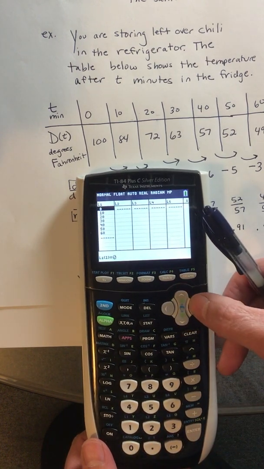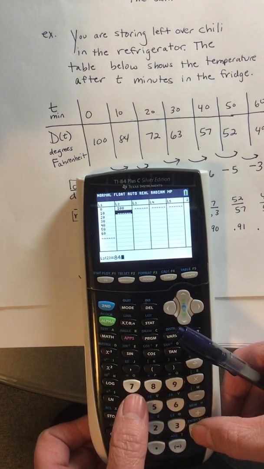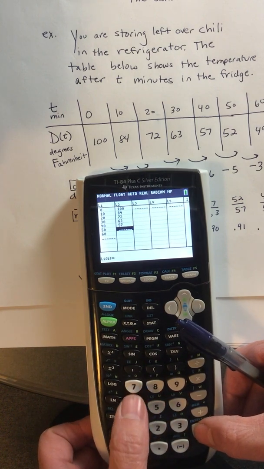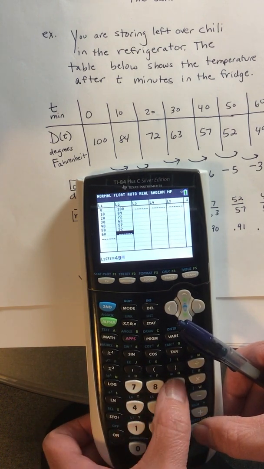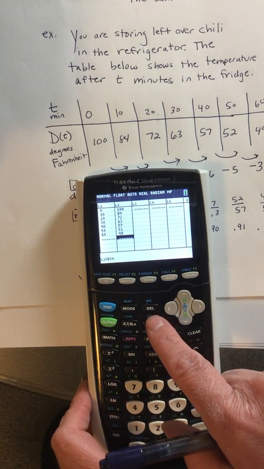And then we arrow up and over and we put in our temperature, 100, 84, 72, 63, 57, 52, and 49.